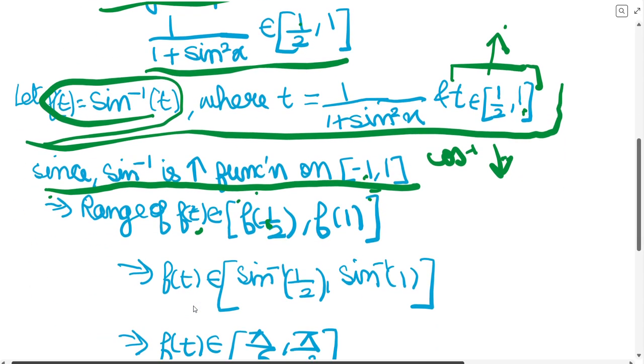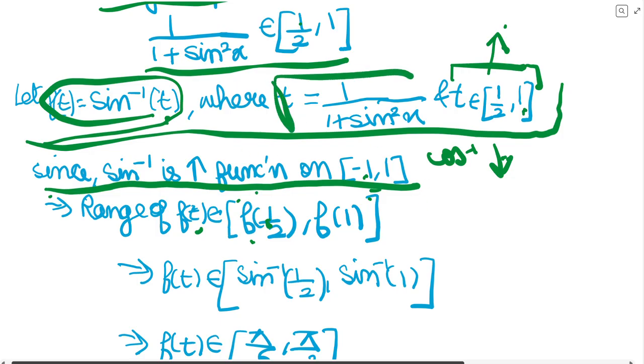So f of t belongs from sine inverse of 1 by 2 till sine inverse of 1. See, this substitution is so that we don't have to write 1 by 1 plus sine square x a lot of times.